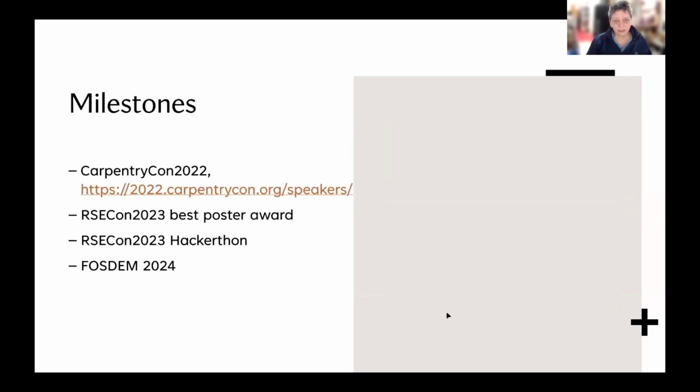So the milestones that we've reached over the last couple of years: we were able to present at CarpentryCon 2022. At RSECon 2023, we won the Best Poster Award, and we also ran a hackathon. And now Colin, Abhishek and myself will be going to FOSDEM 2024, and I hope they don't mind me giving it away, but we've been working on some gear for us to wear to be recognizable there.